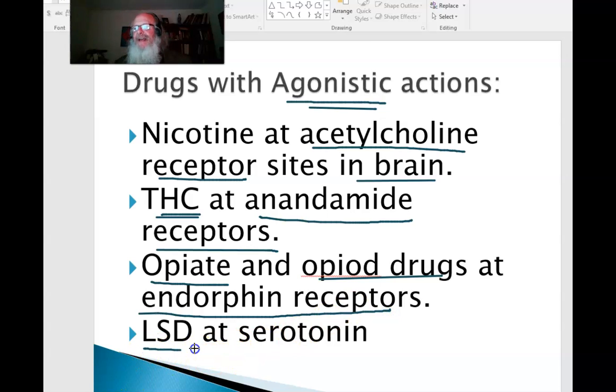And as an aside, LSD, it's serotonin receptors in the brain. There are more examples. This is a short list, but it really starts to drive home that when people are affected psychologically by drugs, there's very much a logic as to why and how that happens.